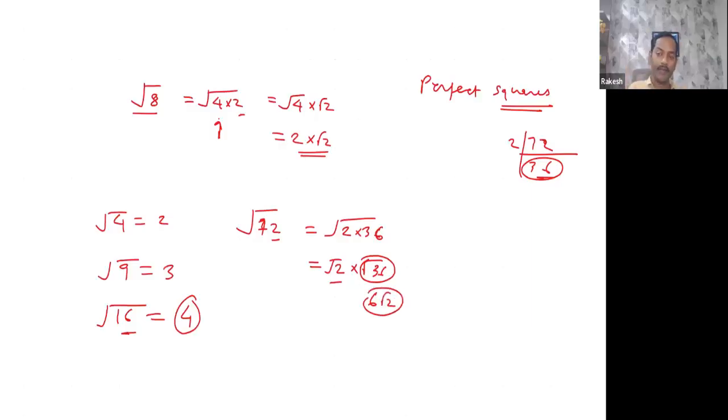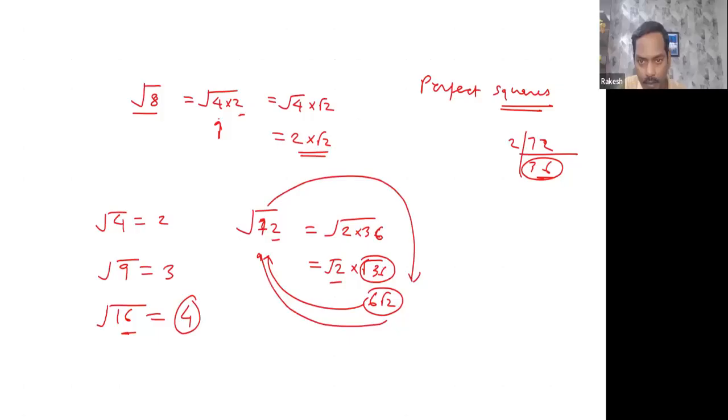So we should be very comfortable with converting this into this and also converting this back to this, right? For example, what is 2 root of 5? 2 is outside the root. I want that 2 should get inside the root portion. So obviously 2 is coming outside the root.